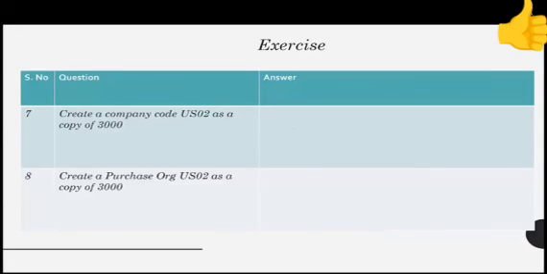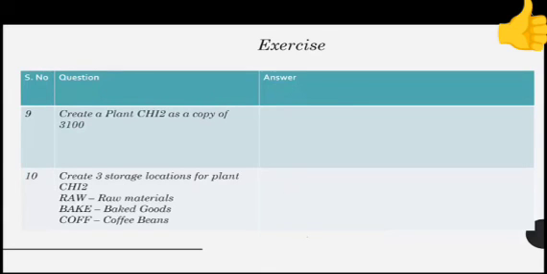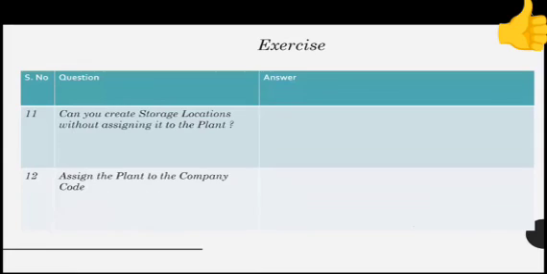So this is all hands-on. Same thing. Create a plant CHI2, and you don't need to create these storage locations again, and you can create these 3 storage locations and assign them to CHI2. Can you create storage locations without assigning to a plant? No.